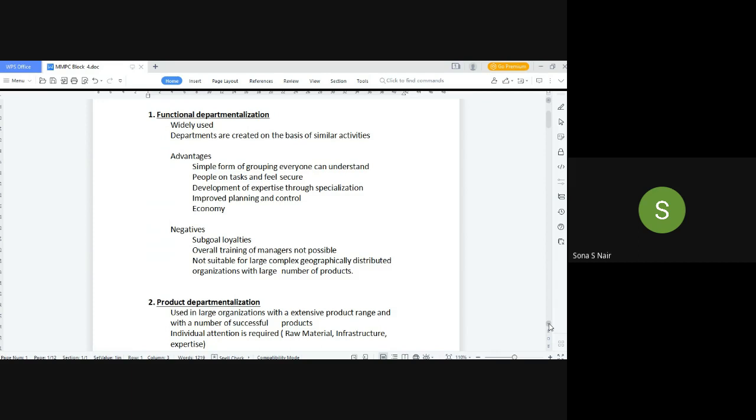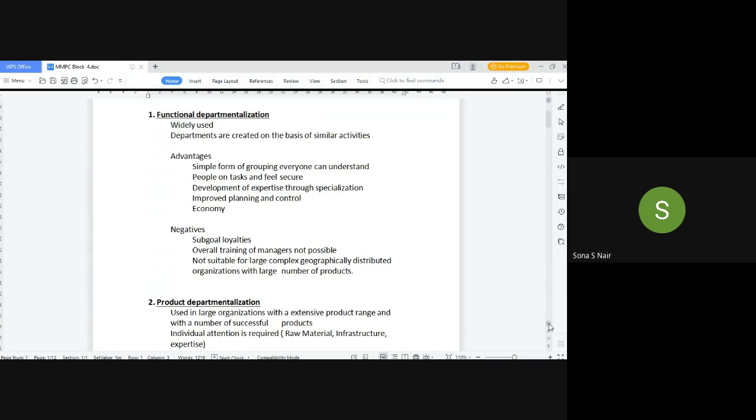Negatives are, sometimes people might feel that our department is more important than the other department, right? We are doing most of the work, the other people are not doing the very important work. In cases like that, sub goal loyalties possibly can arise, in the sense that people would start working for their own goals rather than the organizational goals.